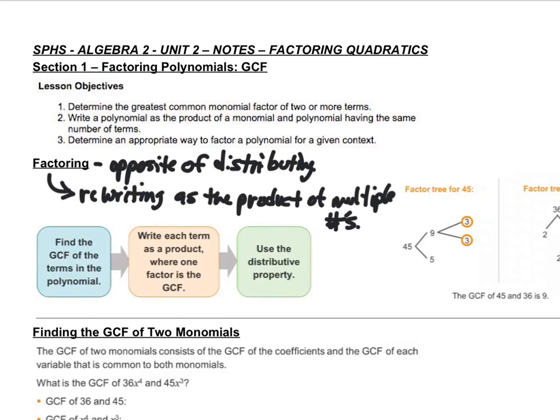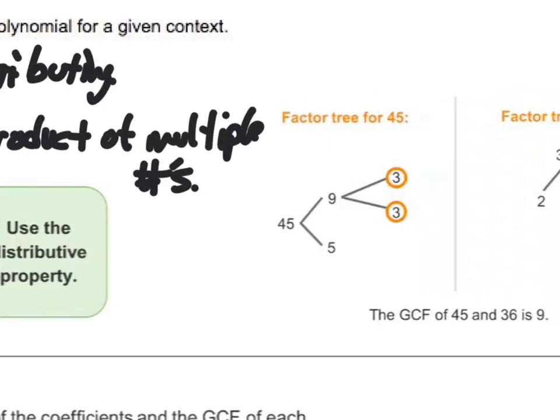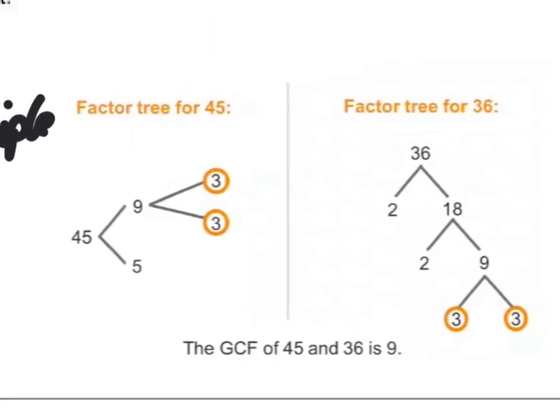So we want to rewrite as a product of multiple numbers. So if I wanted to find, say, the factor tree or the greatest common factor for the numbers 45 and 36, then what we would do is we want to rewrite these numbers as the product of two numbers.